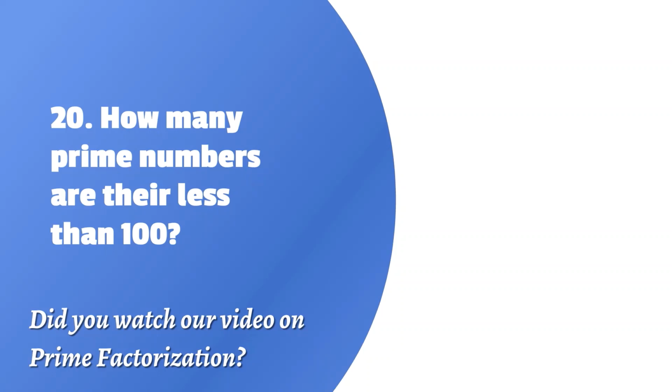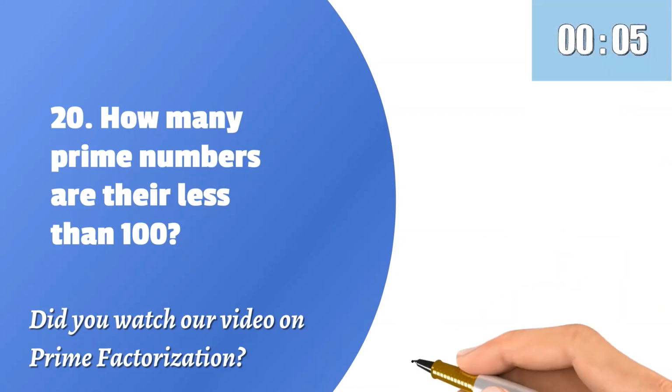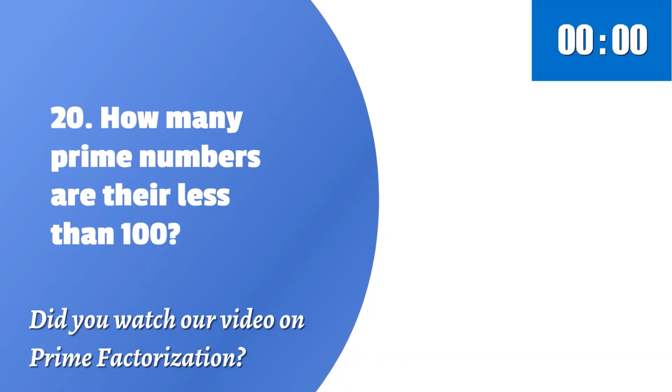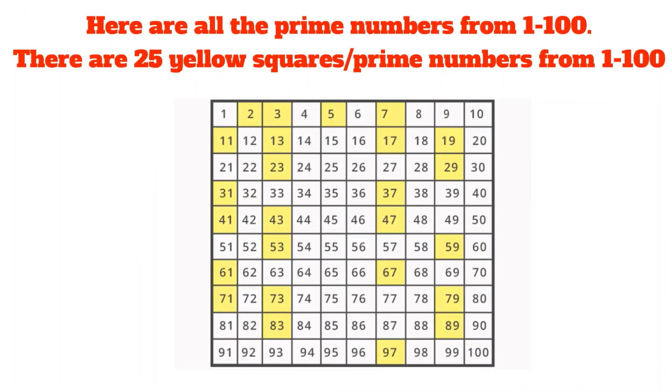Number 20. How many prime numbers are there less than 100? Did you watch our video on prime factorization? Here are all the prime numbers from 1 to 100.